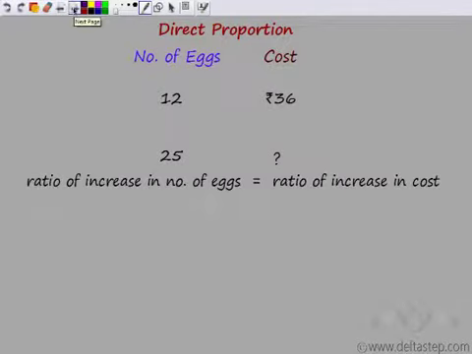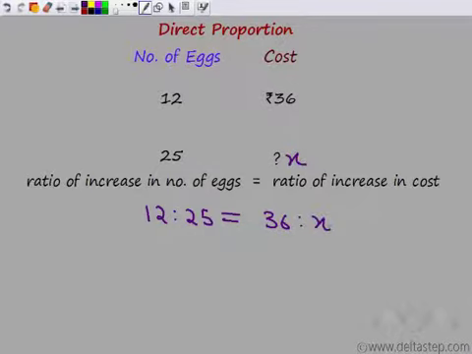So the ratio of increase in the number of x is 12:25. Now this would be equal to the ratio of increase in cost, which is 36 to x, so it would be 36:x.